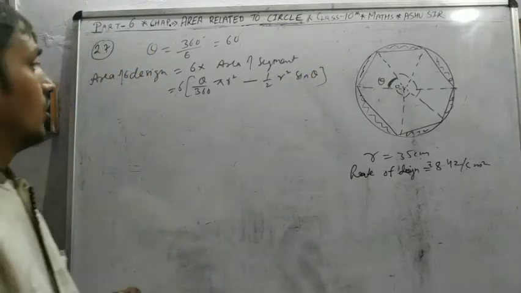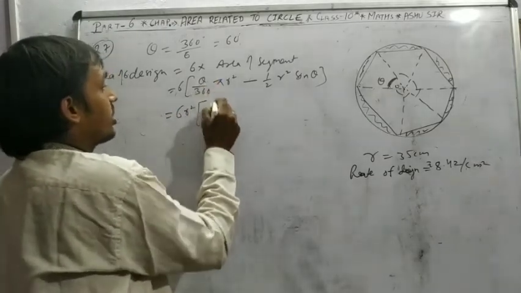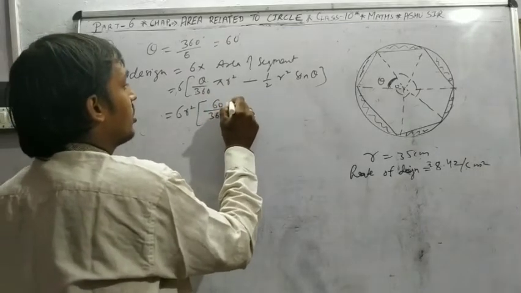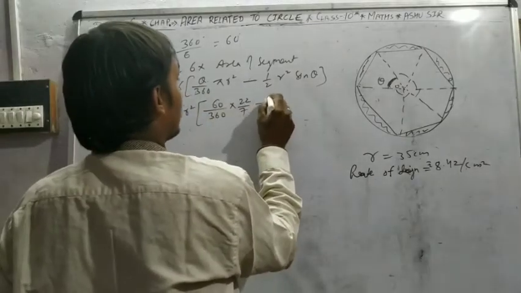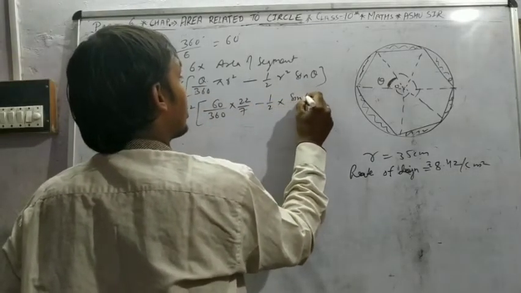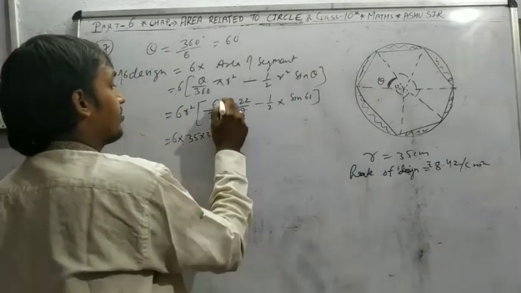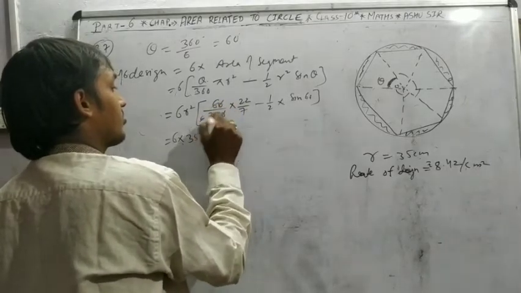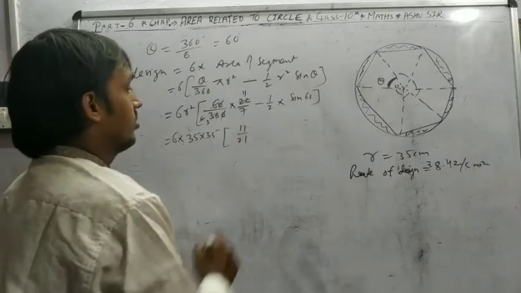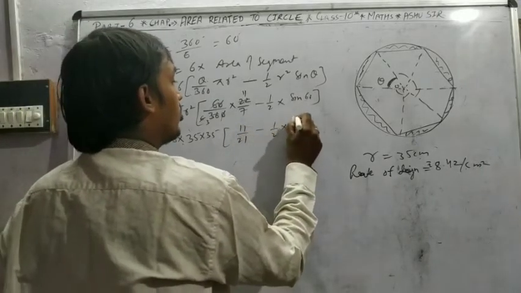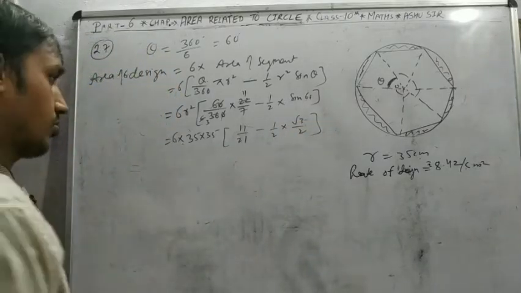Here we have taken common 6 r square, put the value theta 60 upon 360 into 22 upon 7 minus 1 upon 2 sin 60. 6 into 35 into 35, 11 by 21 minus 1 by 2 into root 3 by 2. That's the value.